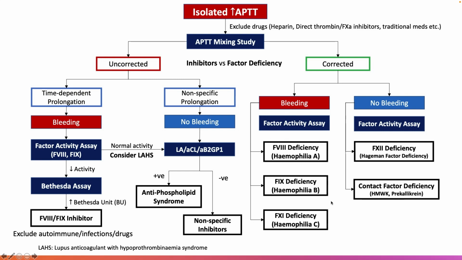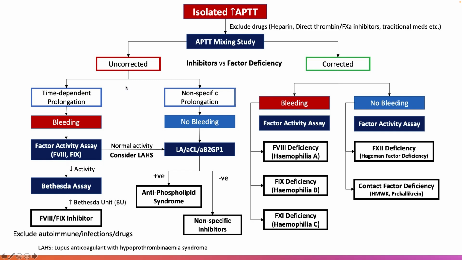It can be hemophilia A, B, or C, and most of the time the patient will have some form of bleeding. If the patient doesn't have bleeding, perhaps you're thinking of a less common factor, which is factor 12, or even contact factor deficiency. Let's say the APTT mixing study is uncorrected.